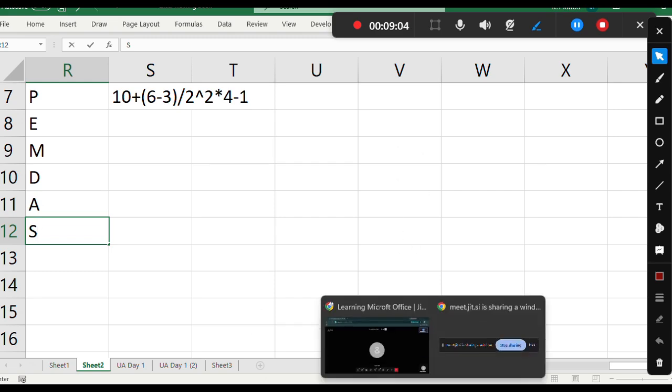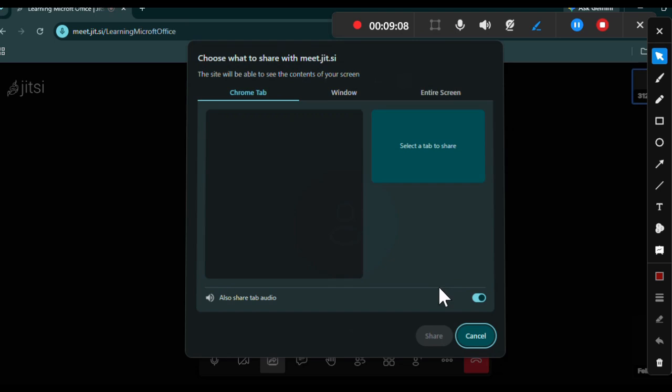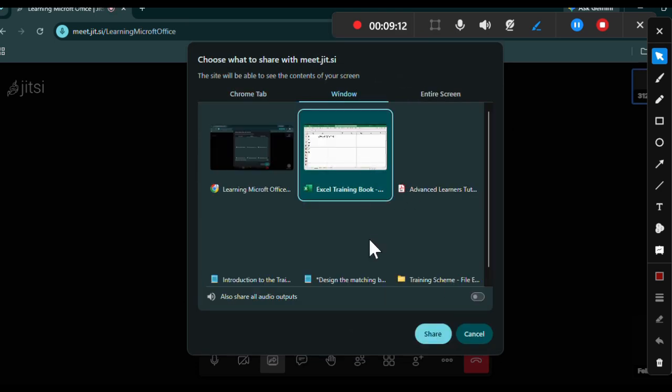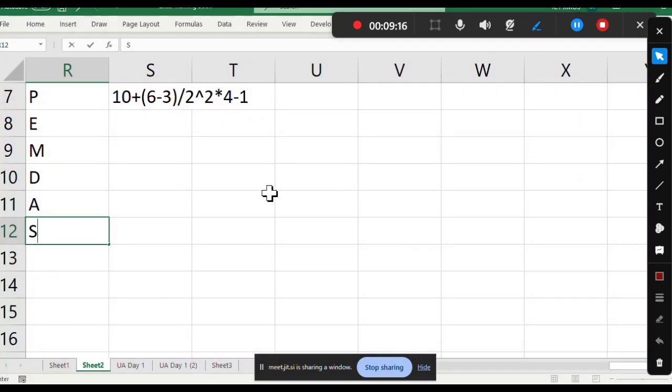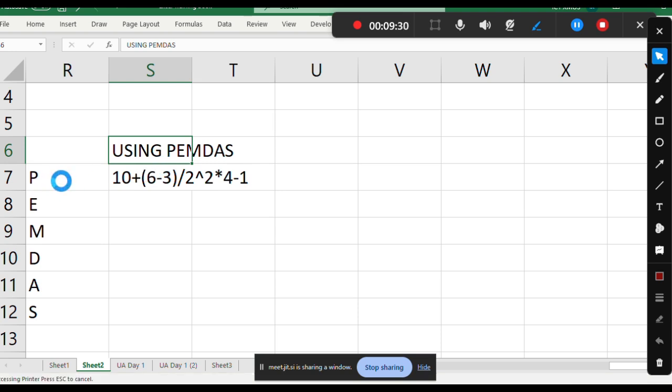Okay, let me quickly share my screen so I can see it. Okay, can you see my screen now? No. It has come up now. Okay, I can see.